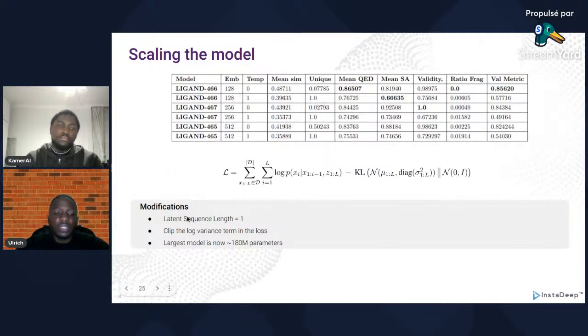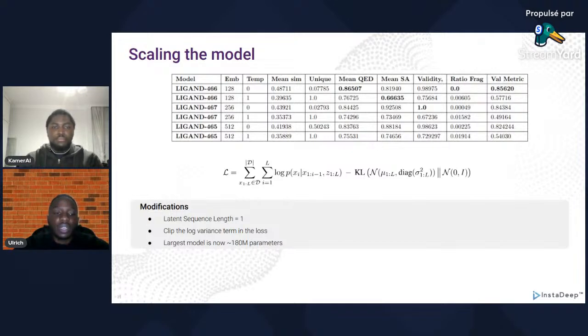Initially, when we tried a latent sequence length of 1, we had a lot of training instability, mainly due to the variance term of the VAE loss function, in the KL divergence loss. The variance was always exploding, which made it difficult to train.